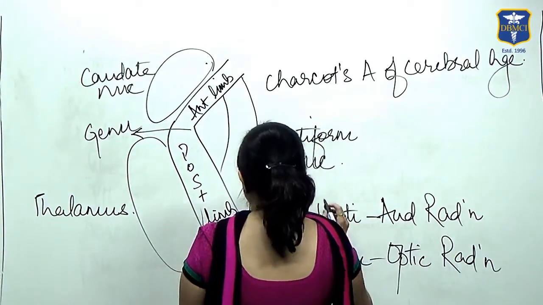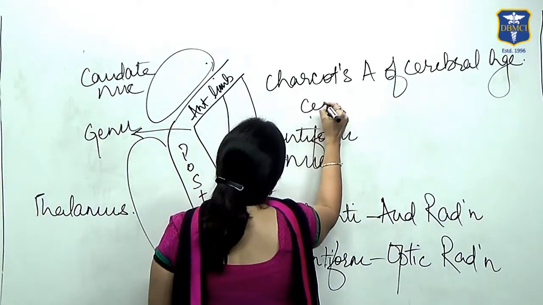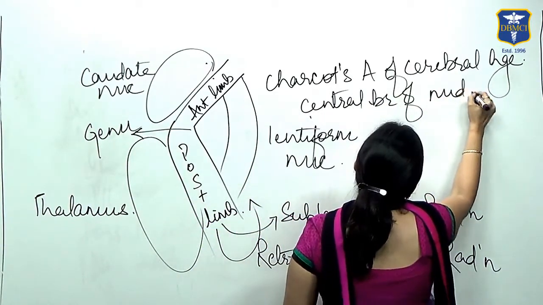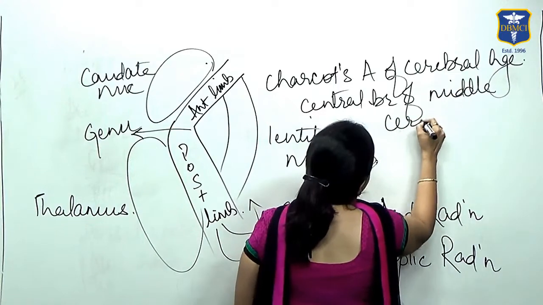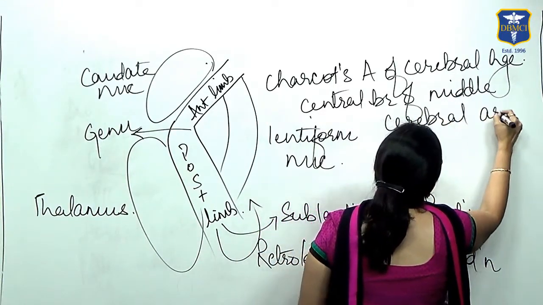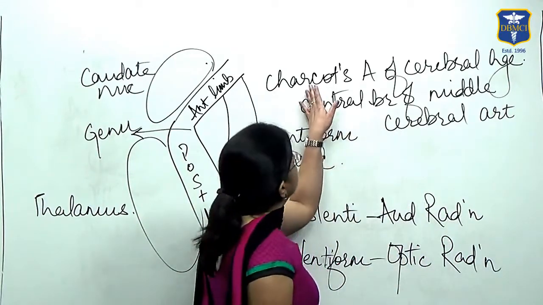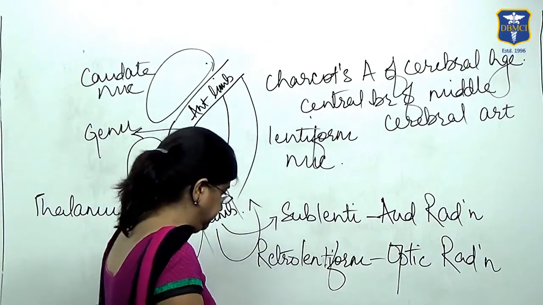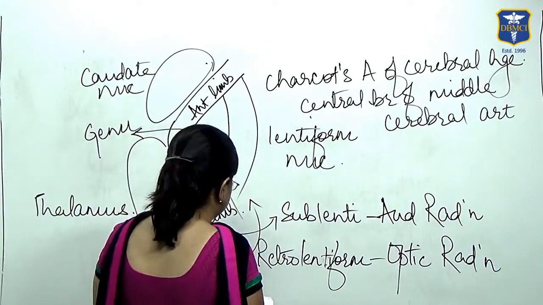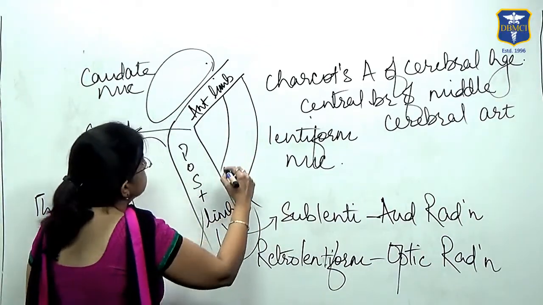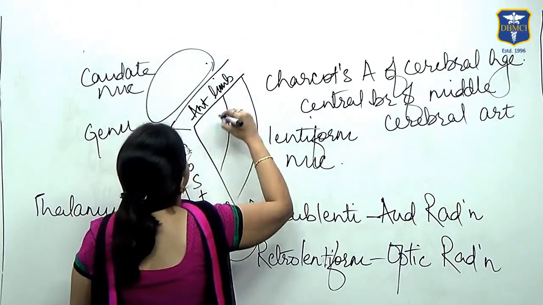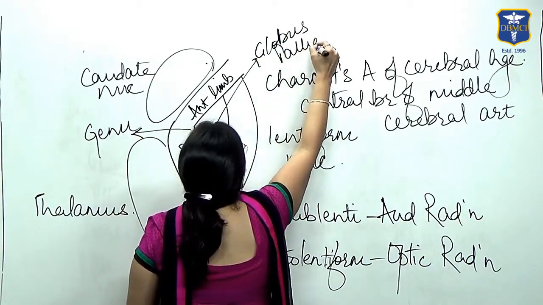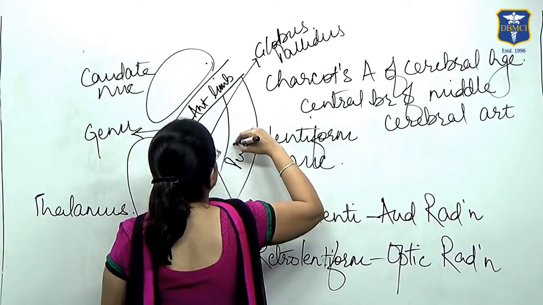This is the central branch of middle cerebral artery, and this is very often involved in cerebral hemorrhage. The lentiform nucleus has two parts, globus pallidus and putamen.